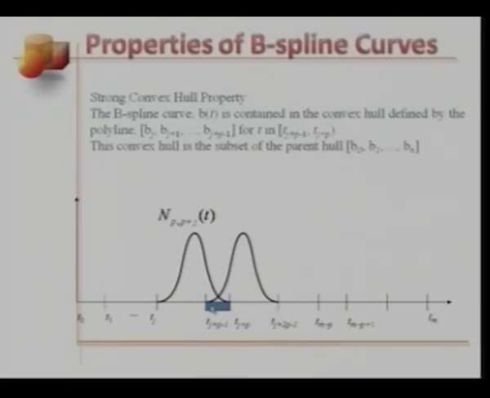This one here is N(p,j+2p-1)(t). Now note that this basis function ends at t(j+p), while this one, N(p,j+2p-1)(t), starts at t(j+p-1).